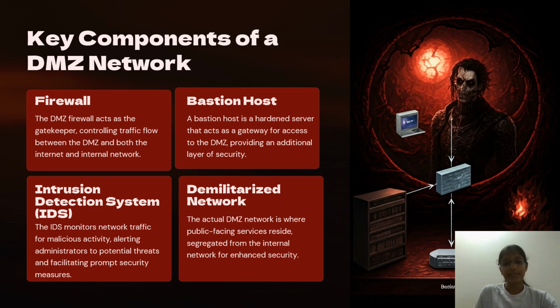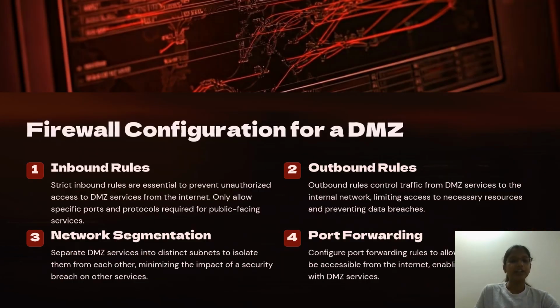The actual DMZ network is where public-facing services reside, segregated from the internal network for enhanced security. Then I have firewall configuration for a DMZ: inbound rules, outbound rules, network segmentation, and port forwarding.